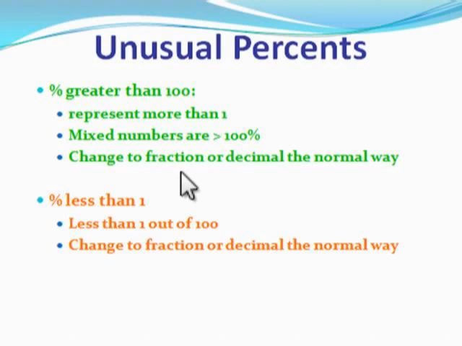So to change a percent into a fraction or into a decimal, you would, quote unquote, do it the normal way, or the way we always do it. So, for example, if we had 112%, you might remember that the way that we take a percent and change it into a decimal is that we drop the percent sign and take the decimal, that's where it would be if it's hiding silently, and move it 2 places over.